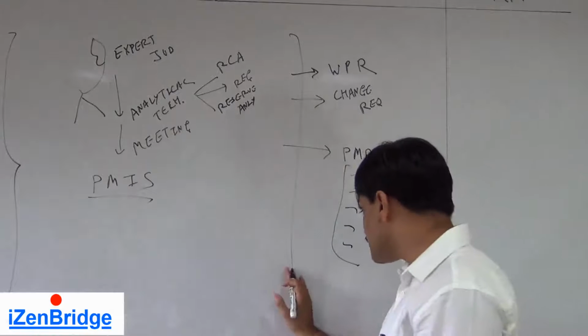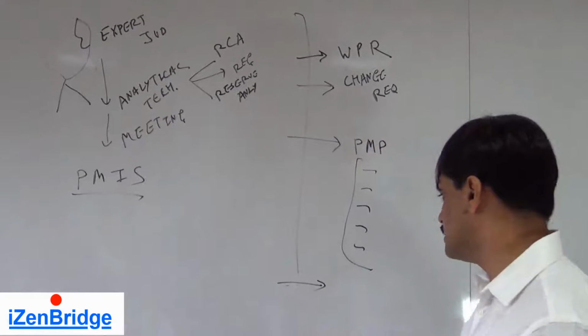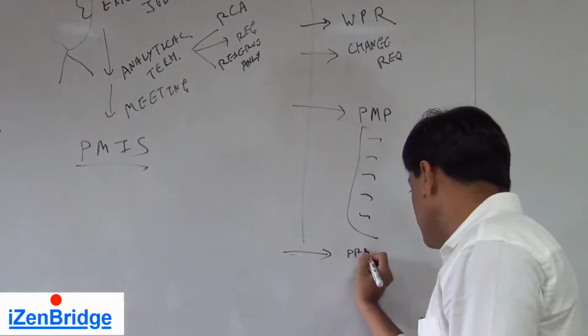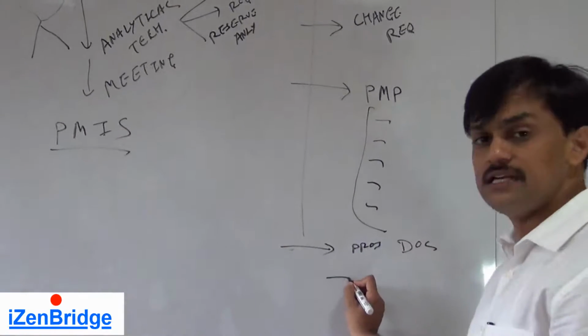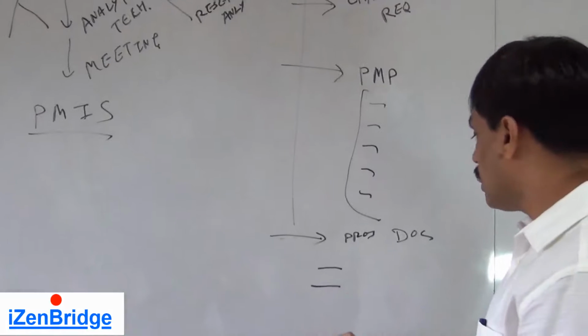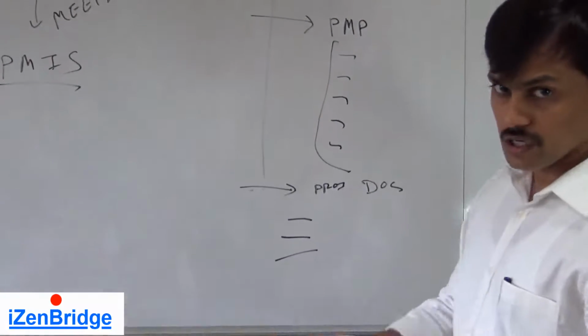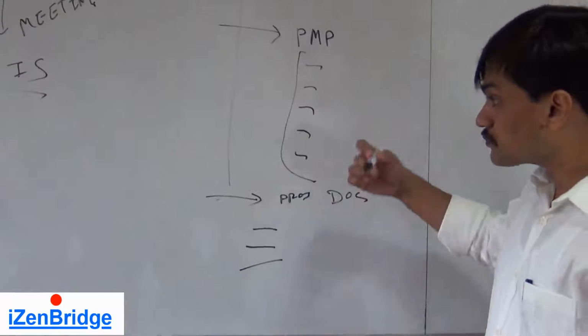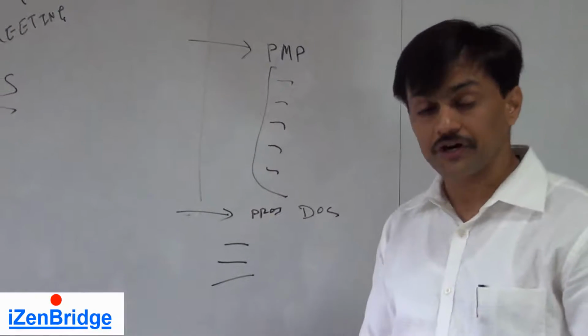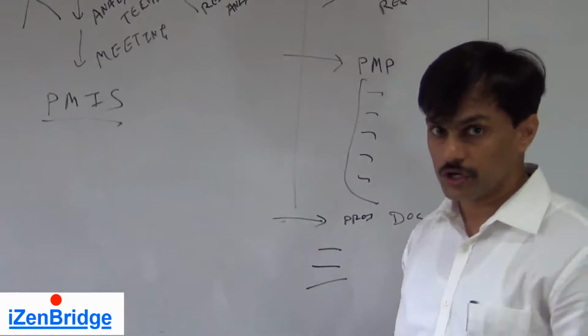The other change which can happen through this process is a change in project documents. Project documents like the activity list, risk register, and work breakdown structure can get changed while performing the monitor and control process group.